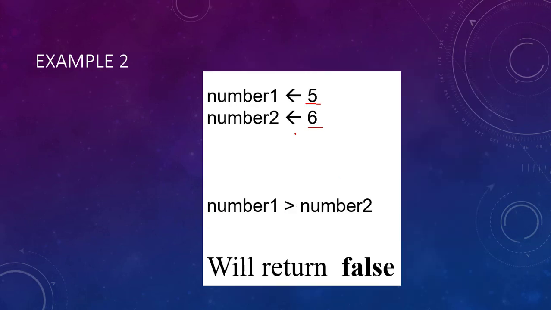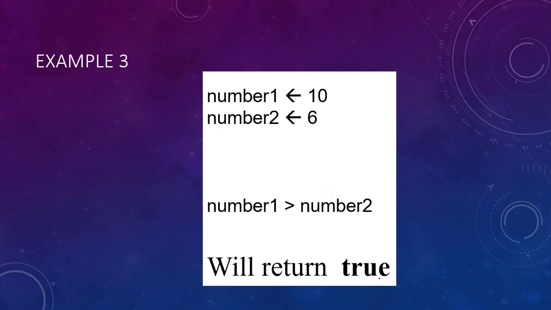A second example: number 1 is 5, number 2 is 6. We are testing number 1 greater than number 2. Is 5 greater than 6? The answer is no. Therefore, it will return false. Let's look at another example.